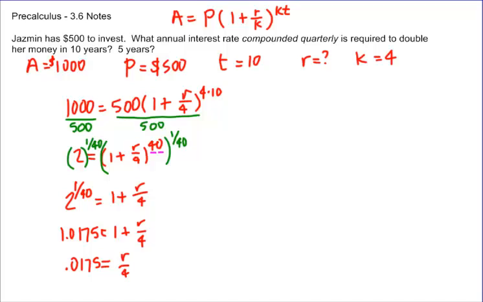And so you end up with R equals 0.0699, which tells us that our rate is 6.99%.